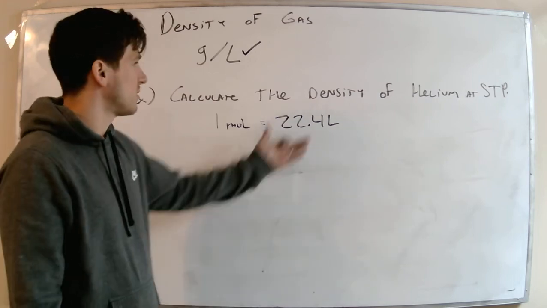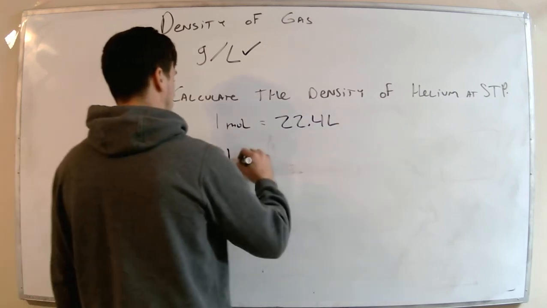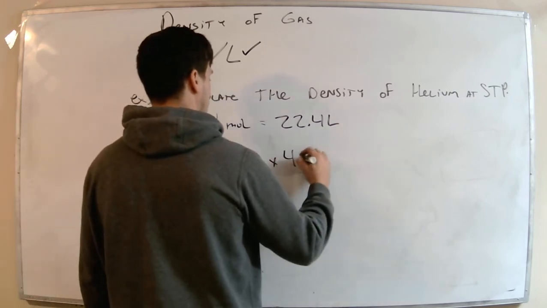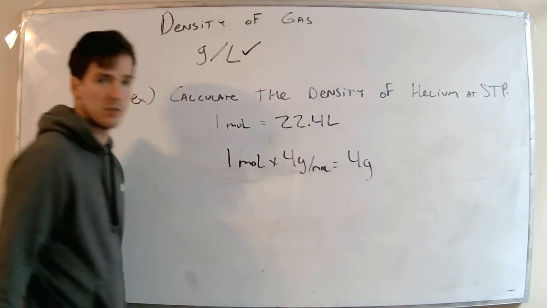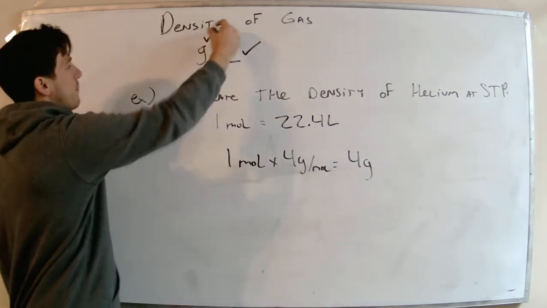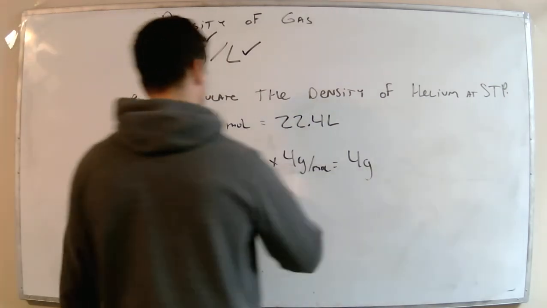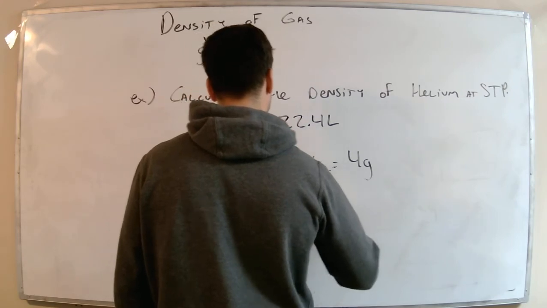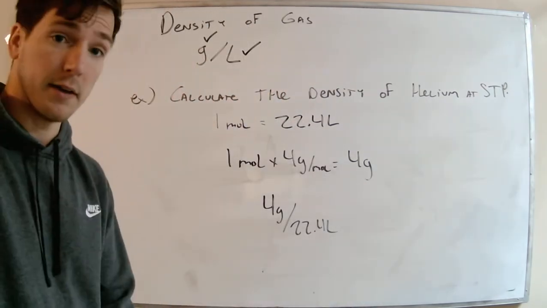Well, what's the molar mass of helium? 4, right? So we have 1 mole of helium gas. We multiply it by the molar mass of helium, which is 4. That means we have 4 grams of helium as well. So we got both things we need to figure out the density. So it's just 4 grams of helium divided by 22.4, and that'll give us our density of helium.